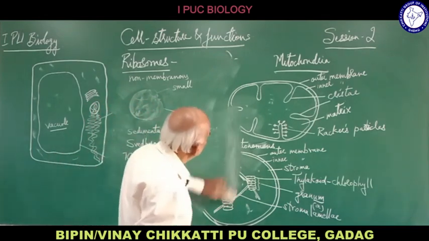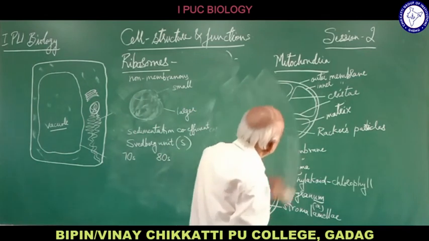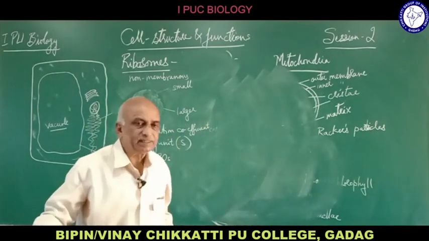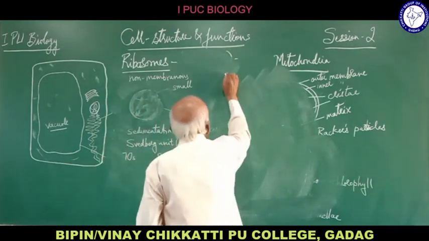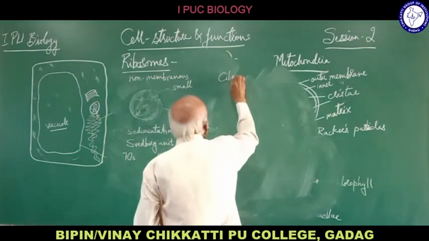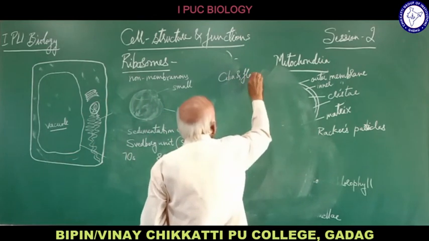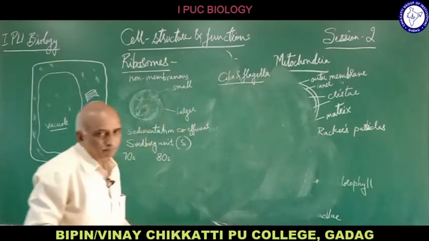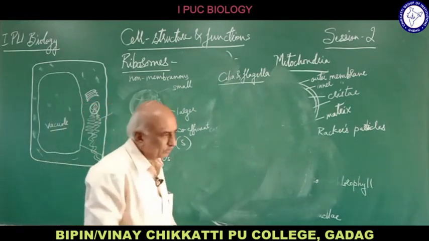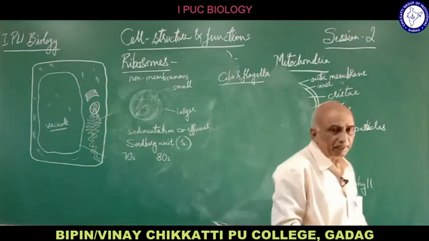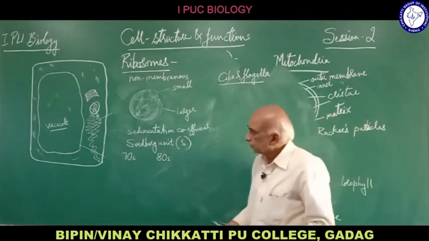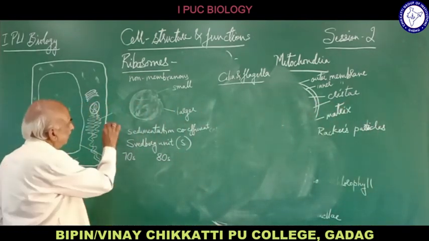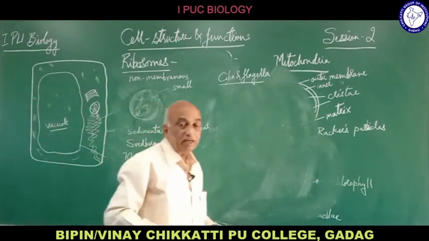Then we come to other organelles, for example the cilia and the flagella. Certain cells have cilia and flagella. Cilia are small hair-like structures projecting from the cell membrane. A flagellum is a long thread-like structure.